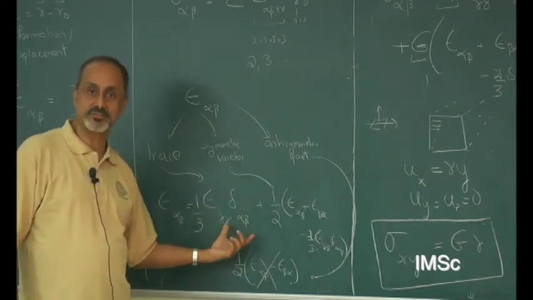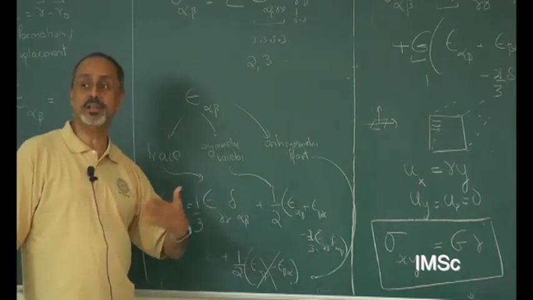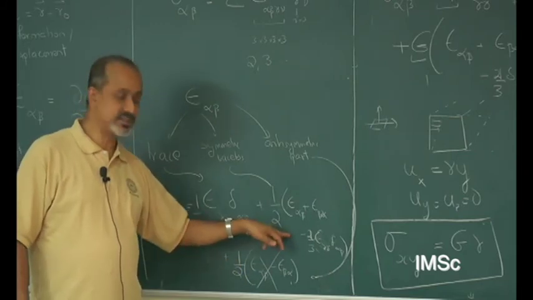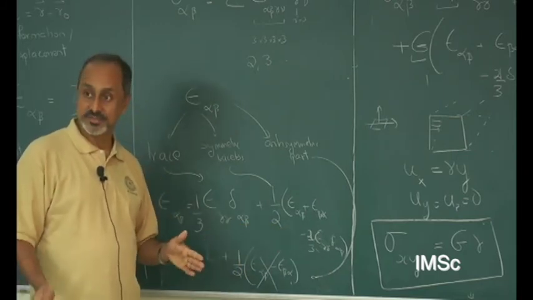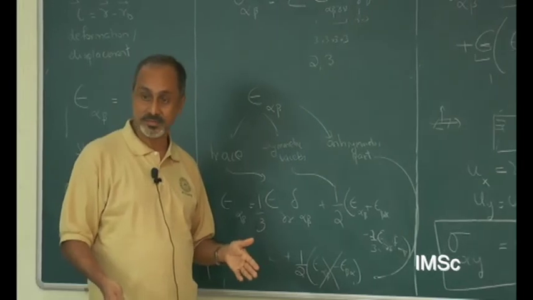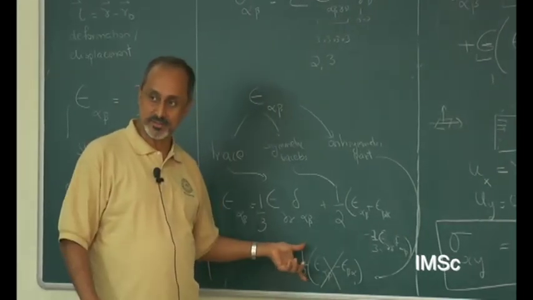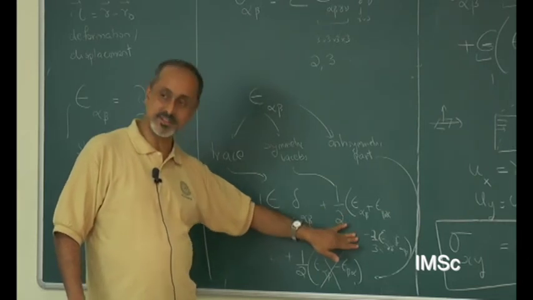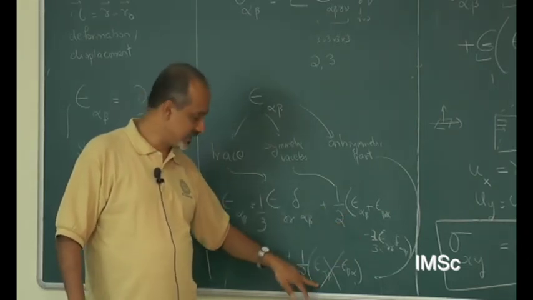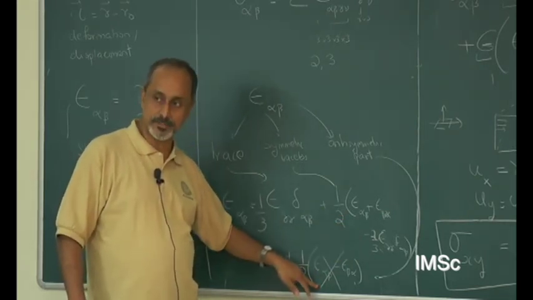The pure trace transforms like a scalar, which means it's the same in any coordinate system. This quantity transforms like a tensor in any coordinate system, and this transforms like an antisymmetric vector.